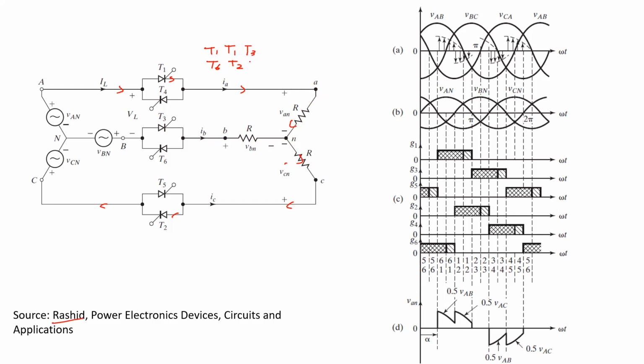So T3, then T4. If we have turned on T3, then the next one is T3 and T2.